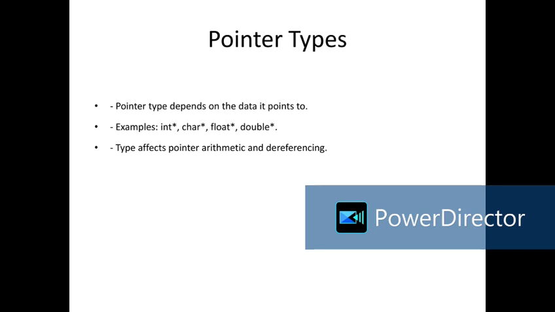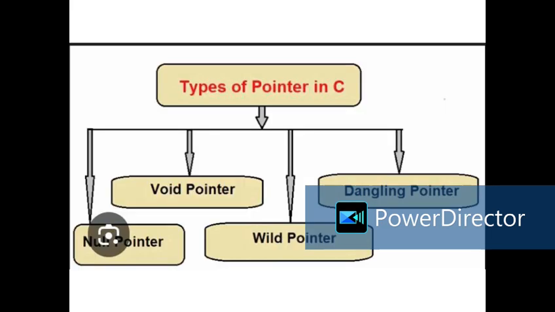For example, int a = 5; int *p1 = &a; char *p2 = (char *)&a; even though both p1 and p2 point to the same address, they interpret the data differently. int * reads 4 bytes, while char * reads 1 byte. This becomes crucial when working with arrays or performing pointer math. Always ensure your pointer type matches the data it's meant to work with. Otherwise, you'll get bugs that are extremely hard to trace.